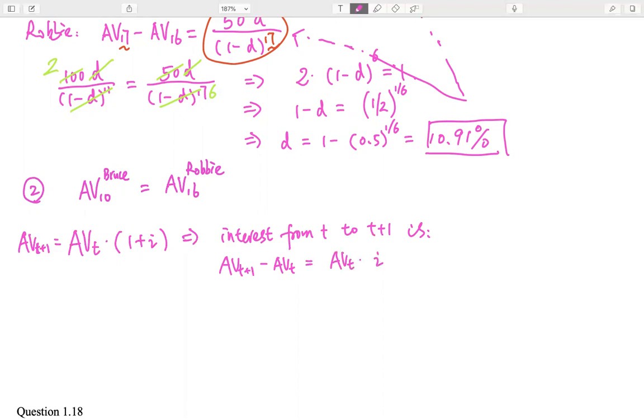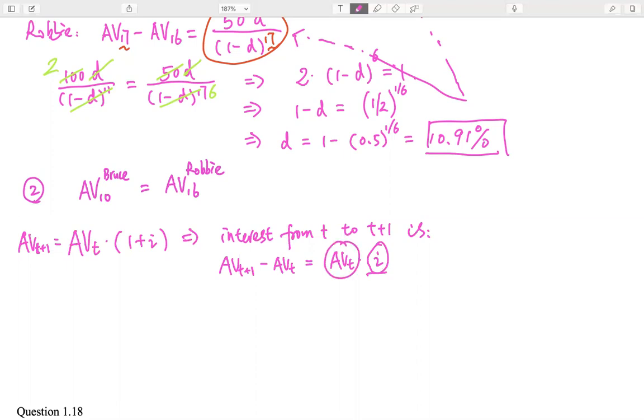Now, because both Blues and Lobby are going to earn at the same interest rate, because the discount rate is the same. Same discount rate means the same interest rate. If I is the same, the only case I will get the interest to be the same is if the AV is the same.